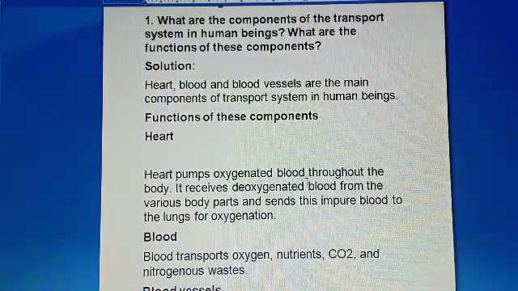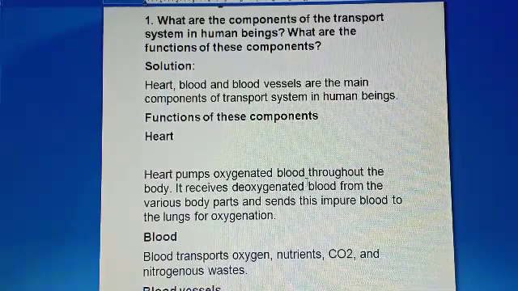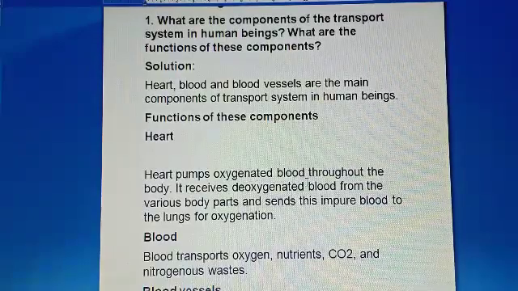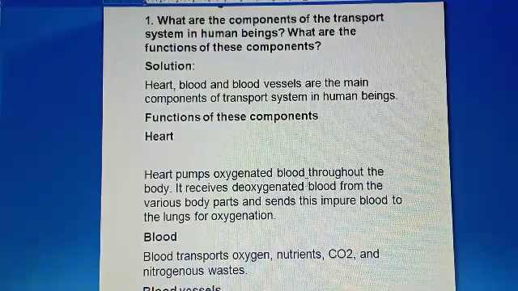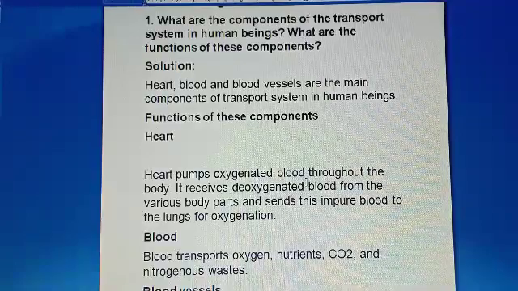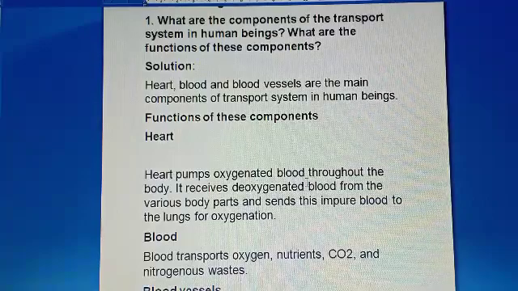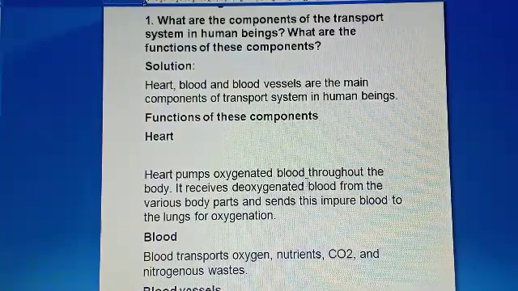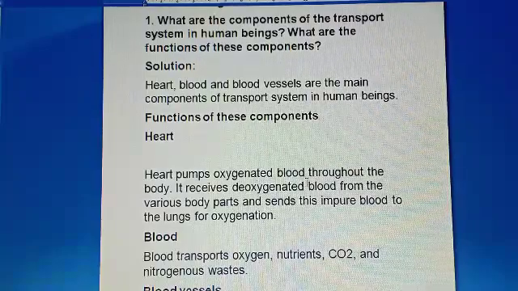What is the function of these components? Let's see the function of the heart. The heart's main function is to pump oxygenated blood throughout the body, and whatever deoxygenated blood is generated in the body, it collects and passes to the lungs for purification.